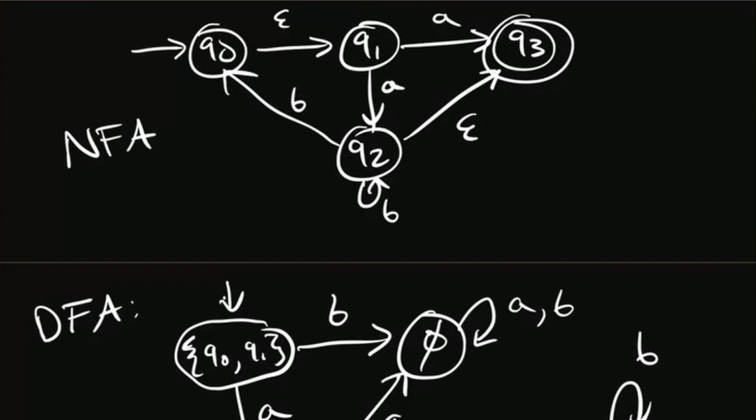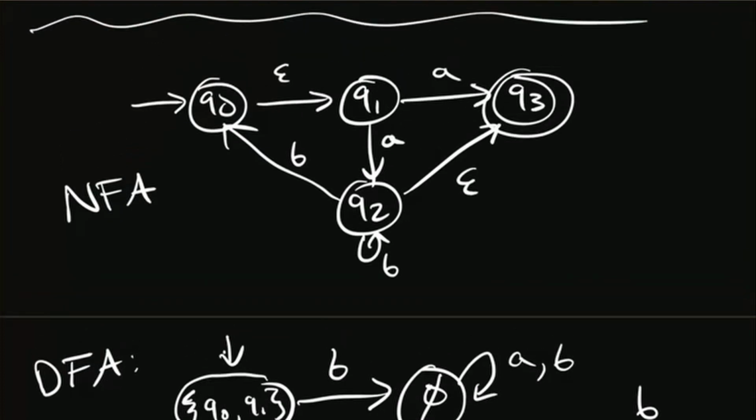Nowhere. So what is the epsilon closure of 2 and 3? Can I get anywhere else from 2 and 3? No. Do we have a state already called 2, 3? Yes. So in fact, we can close off all paths like this.